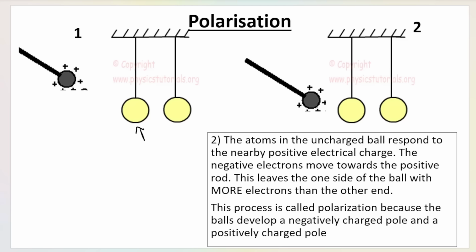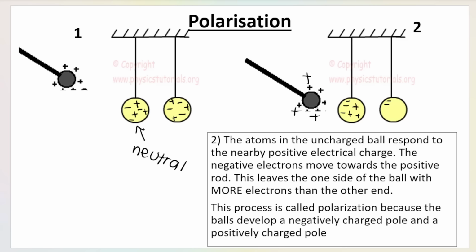Remember, just because they're neutral, we said neutral means they have an equal number of protons and electrons. So say they've got 1, 2, 3 protons, 1, 2, 3 electrons. They are neutral because the number of protons and number of electrons are equal. When we bring the positively charged rod closer, but it's not touching, opposite charges attract, so all the negatives move to one side of the ball.